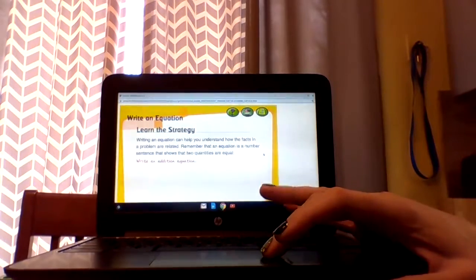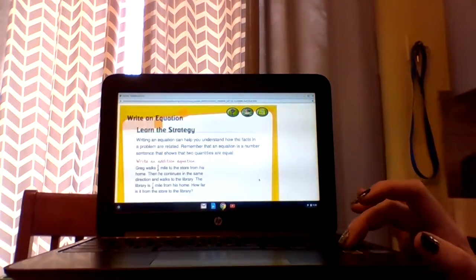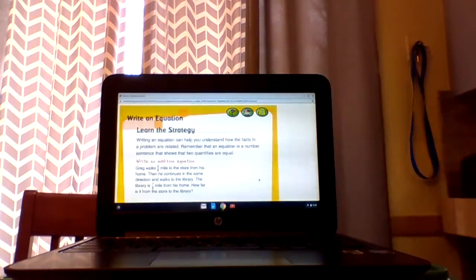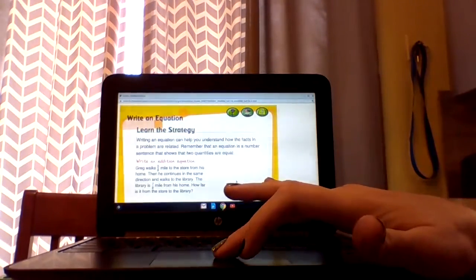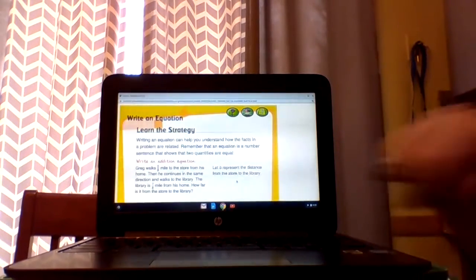So if we have an addition equation, Greg walks 5/8 mile to the store from his home. Then he continues in the same direction and walks to the library. The library is 7/8 mile from his home. How far is it from the store to the library? So we're going to use, remember, our variables, a letter, a symbol.